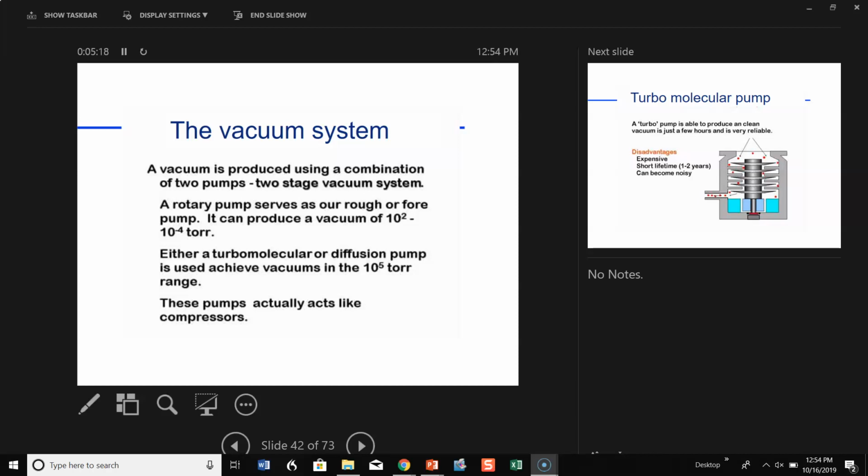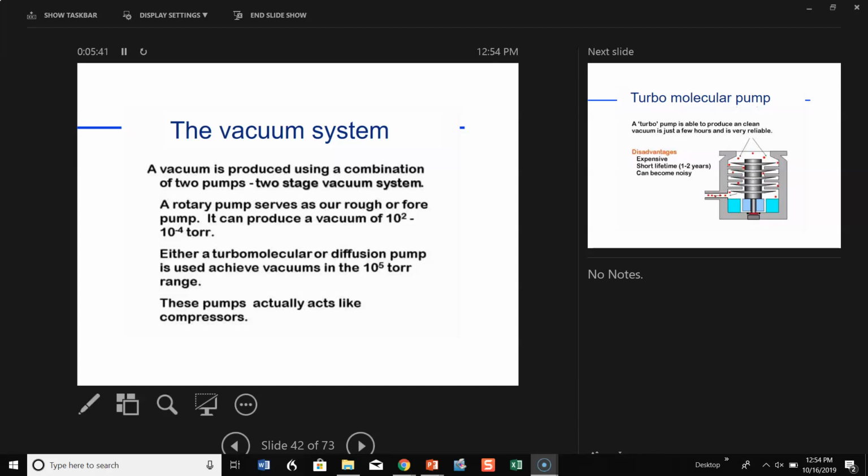I'll get to LC, or liquid chromatography, in a moment. But we do have to have good pumping systems. And so we actually will work with either turbomolecular or diffusion pumps. We want to keep that around 10 to the minus 5th torr. So we're talking about 10 to the minus 5th millimeters of mercury.